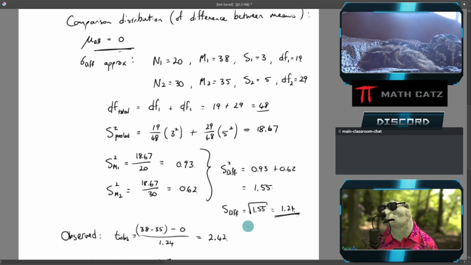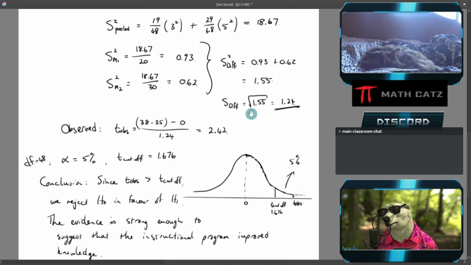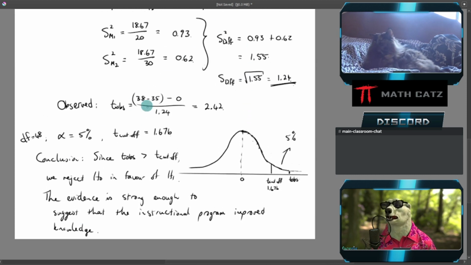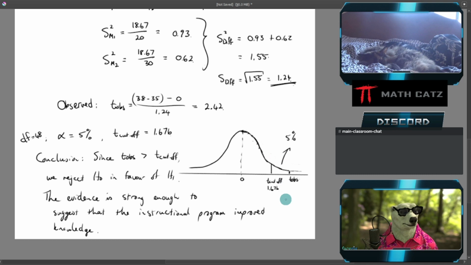That is the part that is really different in the calculation process. And then once I have that, everything else at the bottom here and how I make a conclusion with the t-distribution is all very familiar, I hope.